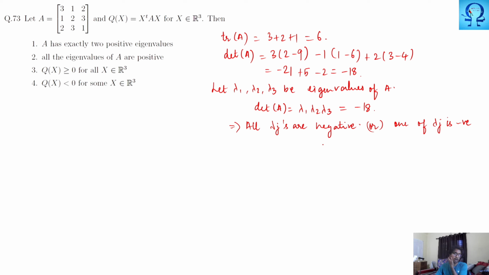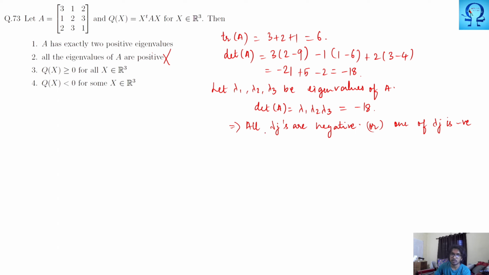So we have two options. If the first one is removed, then we can pick the second one, and hence the first option, that A has exactly two positive eigenvalues, is true. From this itself, it is clear that the claim that all the eigenvalues of A are positive is wrong. So option 2 is omitted.